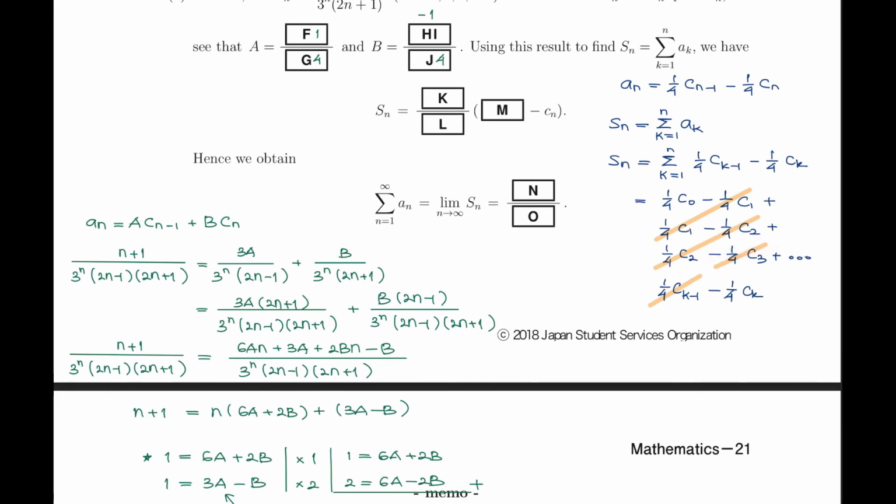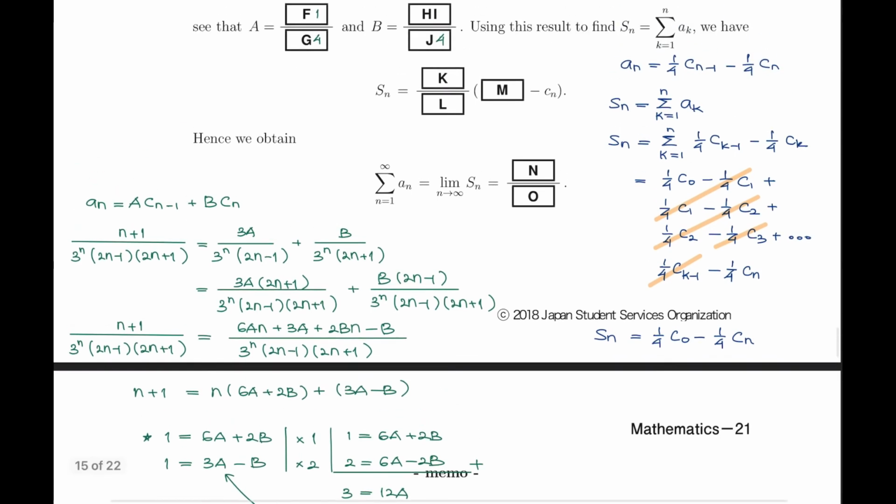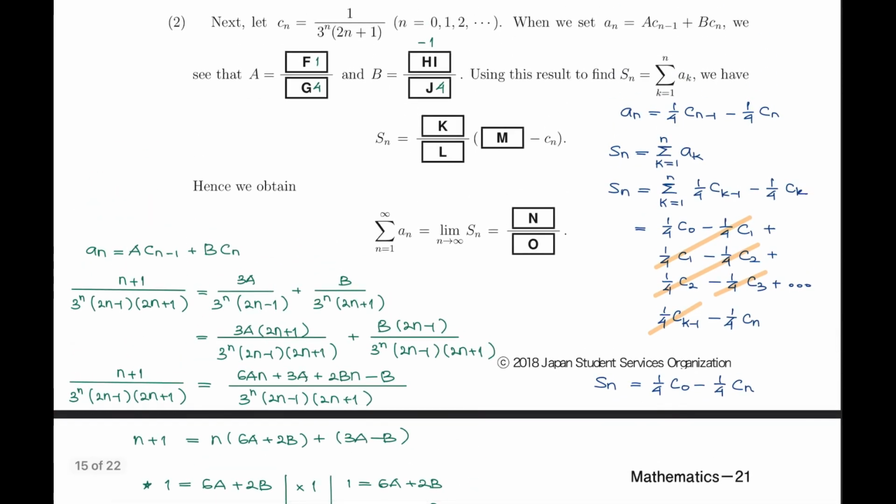It should be cancelled out, and so on until this one. So the final result is only 1 over 4 C0 minus 1 over 4 Cn. So this summation will give us Sn equals 1 over 4 C0 minus 1 over 4 Cn.